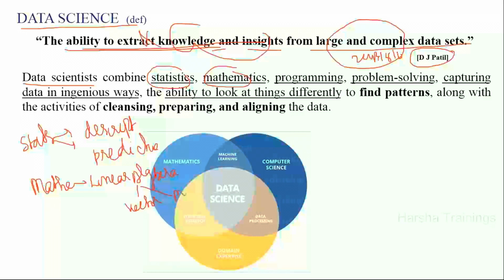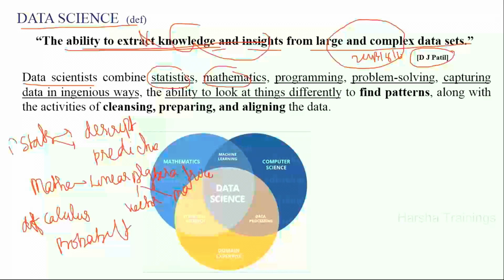Then you should know a little bit of calculus, differential calculus. I don't need integral calculus, I need differential calculus. Then you need probability.